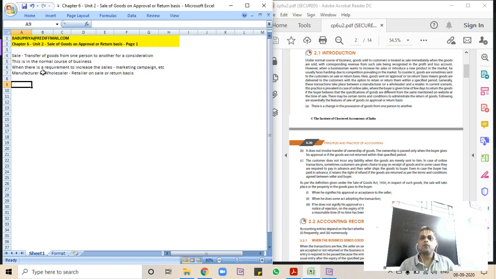Most of us could have seen this in online transactions, right? Online transactions nowadays give the option to return the goods, like if you are purchasing from any of the online platforms like Flipkart or Amazon or Snapdeal or whatever it is, right? When we purchase goods from the online platforms, they also give the option to return the goods subject to certain terms and conditions, right?